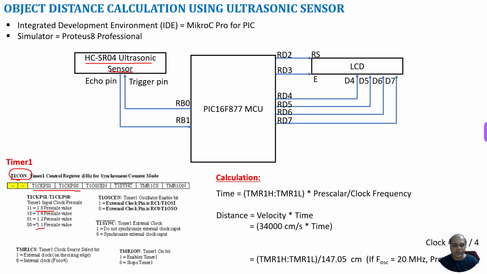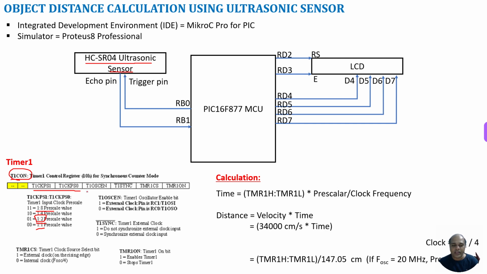If I use a 1:2 prescaler, for every second clock pulse, incrementation will happen. So the prescaler value is what we need to set for a timer. For this program, I am going to use a prescaler value of 1:2, so for every second clock pulse, the timer 1 register will get incremented.